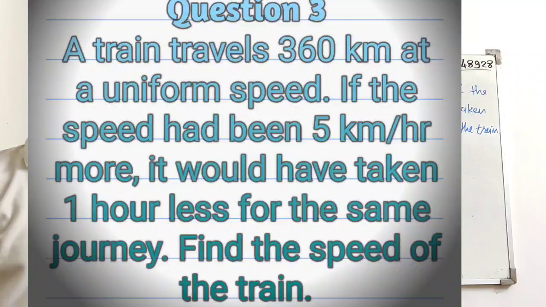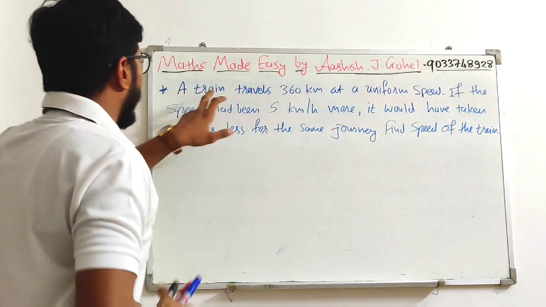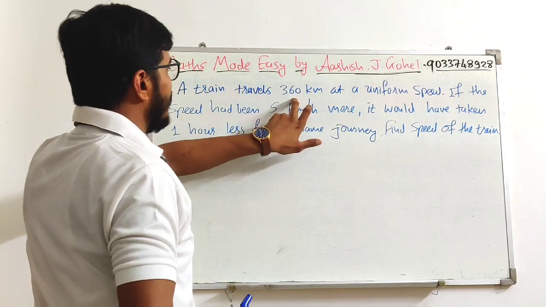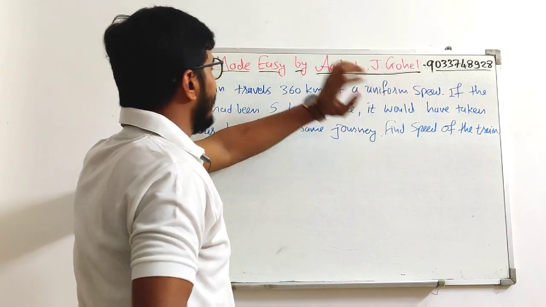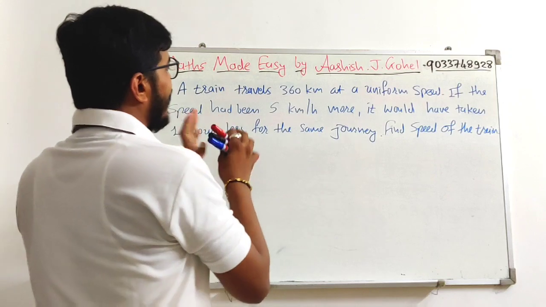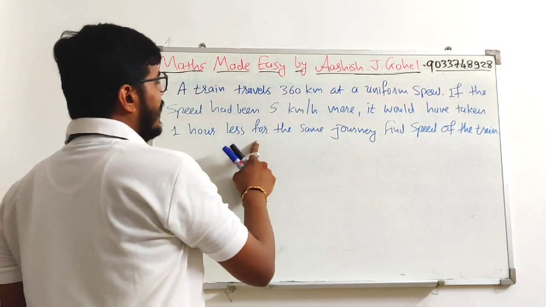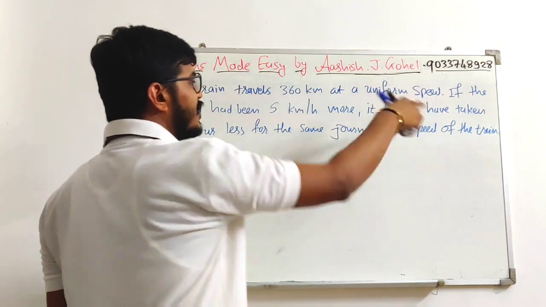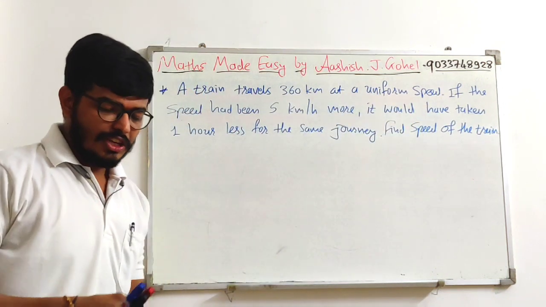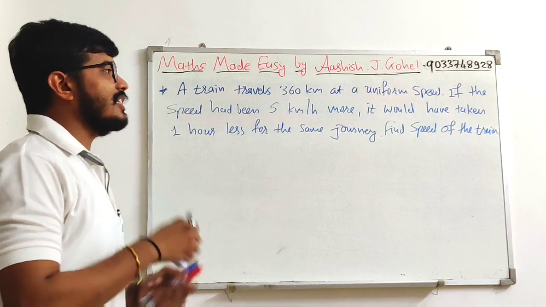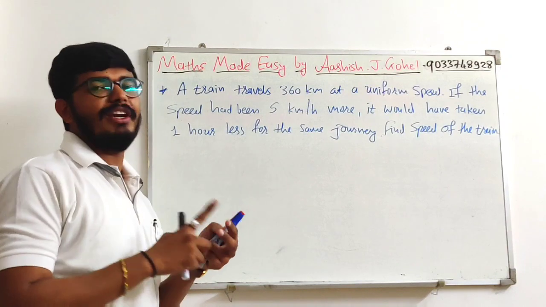The question is, a train travels 360 km at a uniform speed. If the speed had been 5 km per hour more, it would have taken 1 hour less for the same journey. Find the speed of the train. For this purpose we need to define the relationship between speed, time and distance.